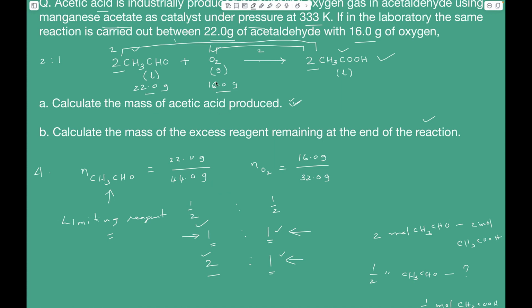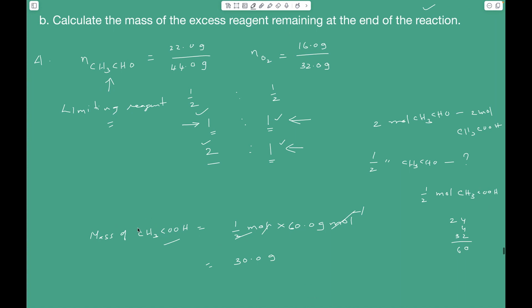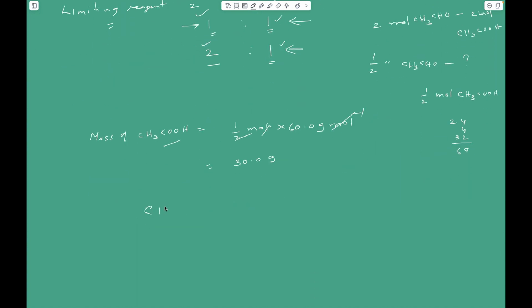So we have to figure out the mass of oxygen left behind at the end of the reaction. See, we have started with 22.0 grams of acetaldehyde and 16 grams of oxygen, and there is no acetic acid at the start of the reaction.